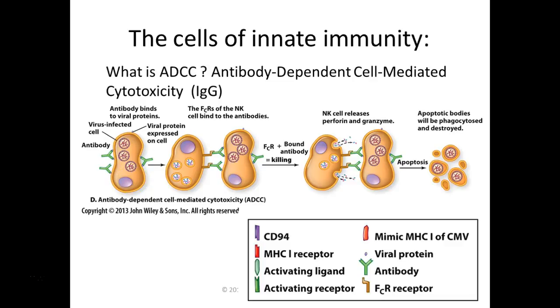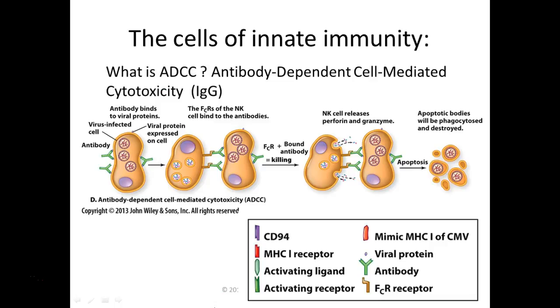But again, antibodies are just opsonins, right? They tag for destruction. This particular type of antibody outcome, because it's natural killer cells that bind to the Fc portion of that class of antibody, is referred to as antibody-dependent cell-mediated cytotoxicity.